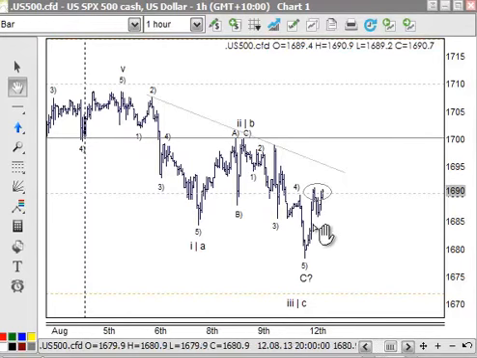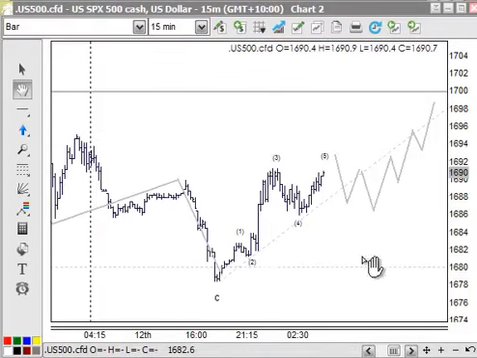At minimum, we can expect 3 waves here as an A, B, C, or an impulse wave. We still don't know, but we're getting a little bit closer. It does make a nice A and B and C here, but it really needs to get back above the 1700, or give us a wave structure here that we can work with.